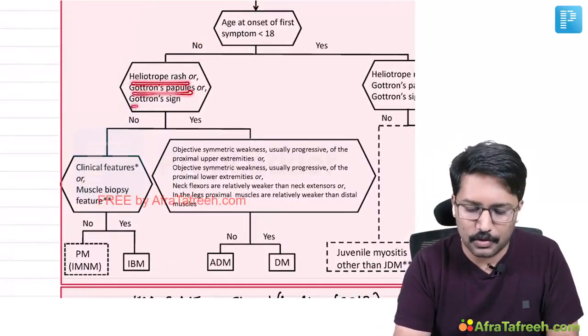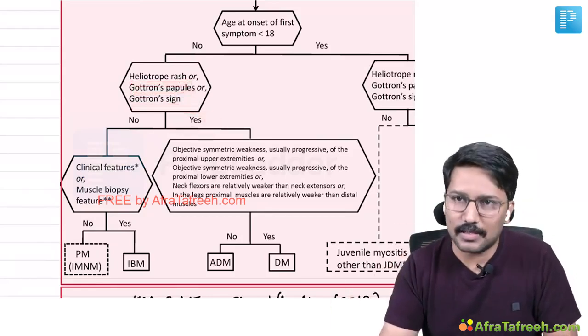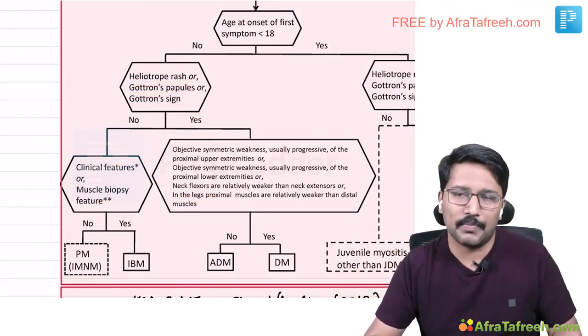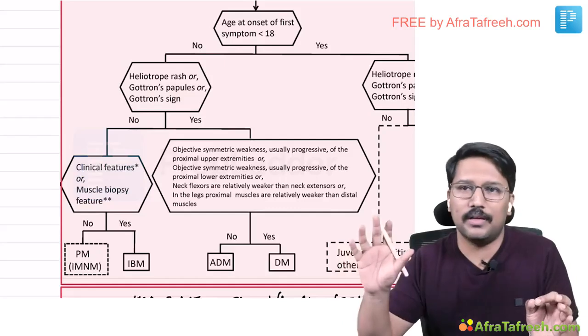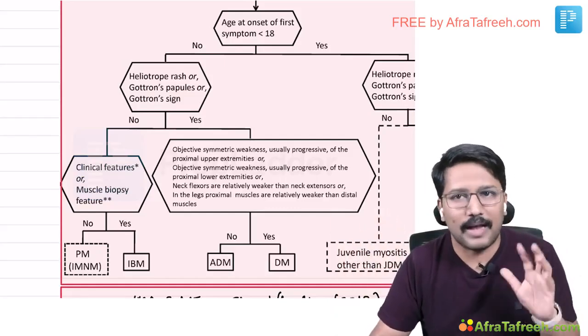heliotrope rash, Gottron's papules or Gottron's sign, if they are present, then we will see whether the muscle manifestations are there. Now, obviously, when we say idiopathic inflammatory myositis, with the exception of inclusion body myositis, they are generally proximal and symmetric.